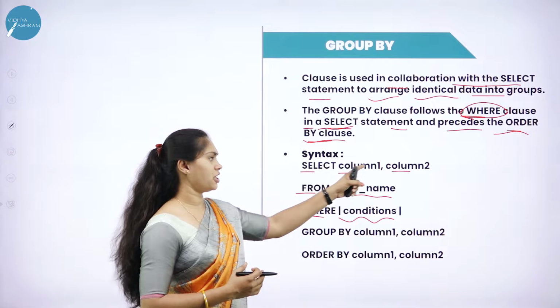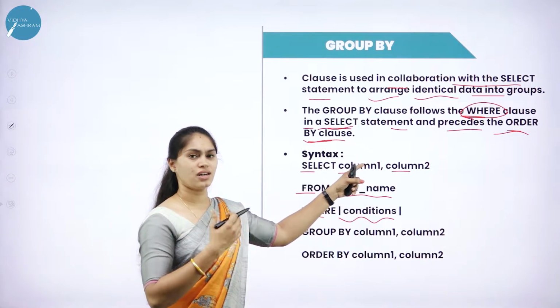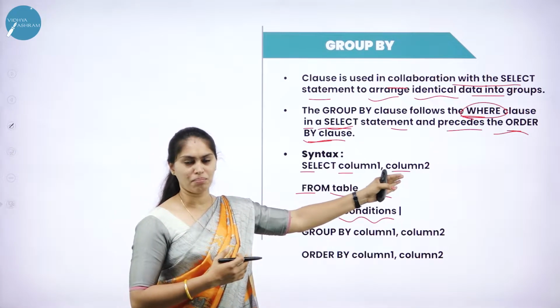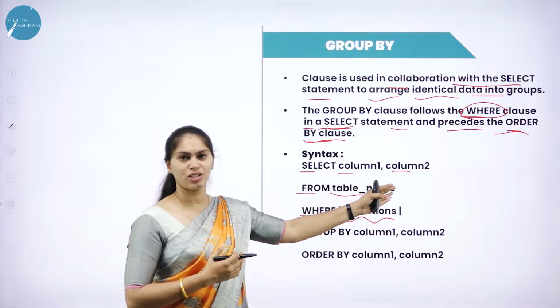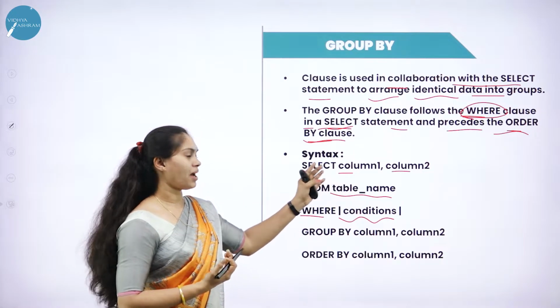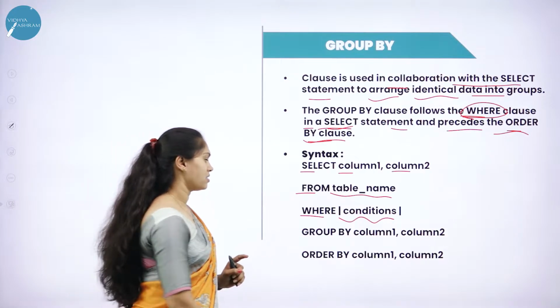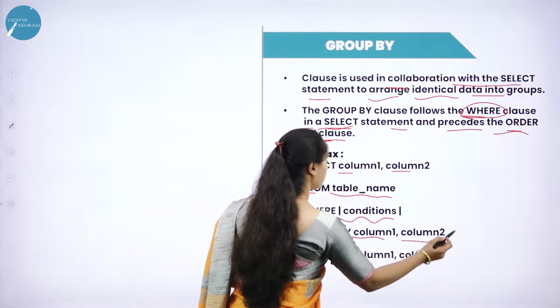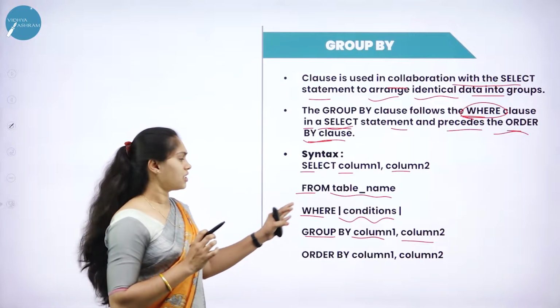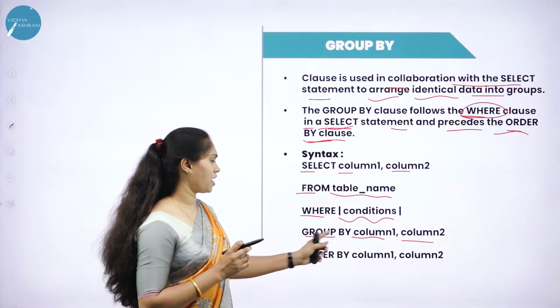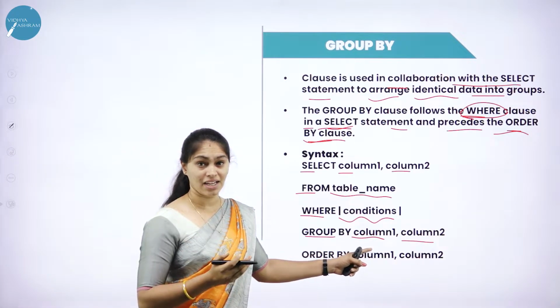For example, if I want to select any name when the department is equal to computer science, or when the department is equal to biology, at that time I can give some condition. For that purpose we are going to have this where clause. Then group by column 1, column 2. So if the condition is satisfied, then we are going to make that an identical group.